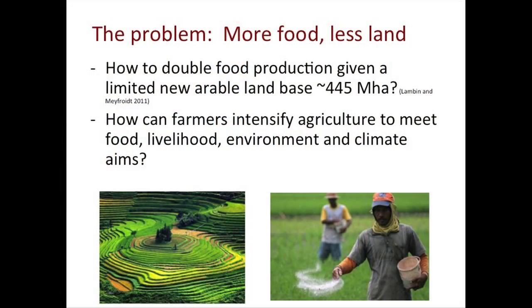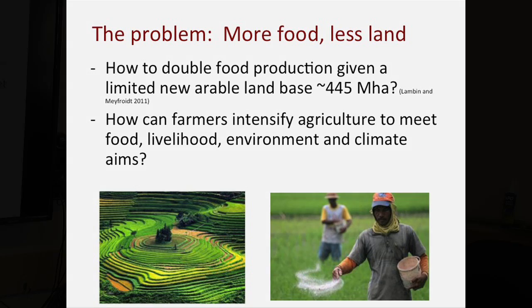What I want to turn to now is the problem that underlies all of that, and the problem that underlies why we're interested in landscapes. As I think most of the people in this room know, we're probably facing a future where we have to double food production by 2050. We also know that we have a limited amount of new land in order to do that. Probably about the size of California, 445 million hectares. Not a lot of new land to cultivate.